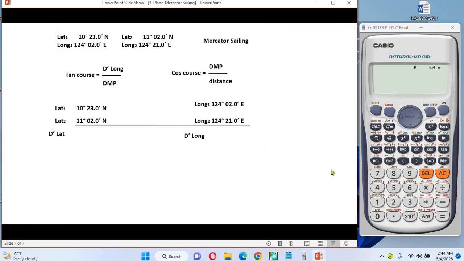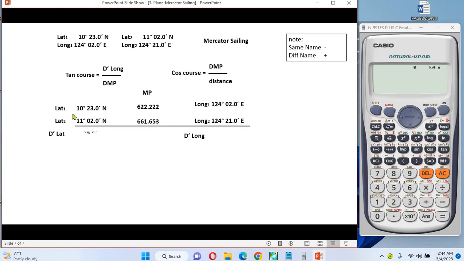Next slide. Okay, punch in the given numbers, or the known numbers. So enter the meridional parts. The meridional parts for 10°23' is 622.222, remember, and for 11°02' it is 661.653. But first, please remember: same name, minus; different name, plus.